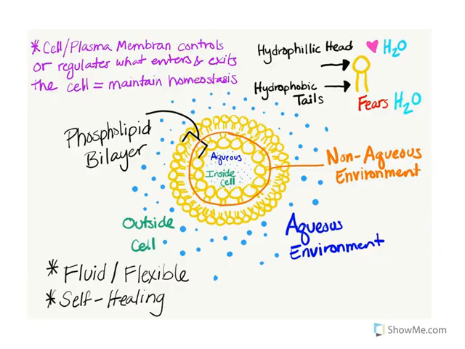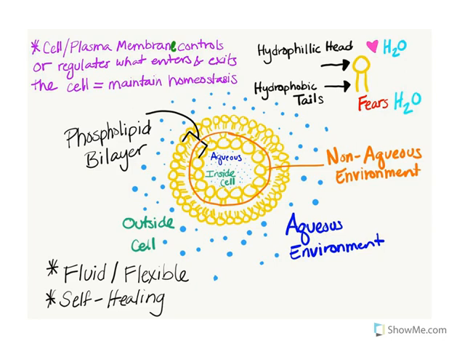All right, so on to active transport, cell membrane, and the stuff that we're talking about at the end of the week. This is a drawing of the one that I had on the board, but hopefully it's a little bit more clear. The cell membrane, which is also called the plasma membrane, controls or regulates what enters and exits the cell to maintain homeostasis.